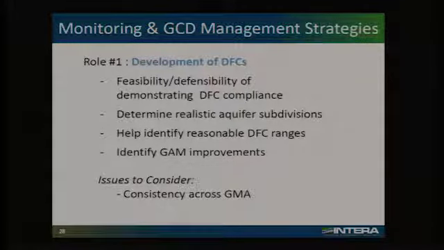Are these ranges reasonable? Are the aquifer subdivisions reasonable? Maybe your monitoring network is showing some issues with the GAM, and so you can suggest GAM improvements based on your monitoring network. Again, issues to consider: as with all DFCs, all GCDs in a GMA are different and have different DFCs, so the consistency across the GMA is important.